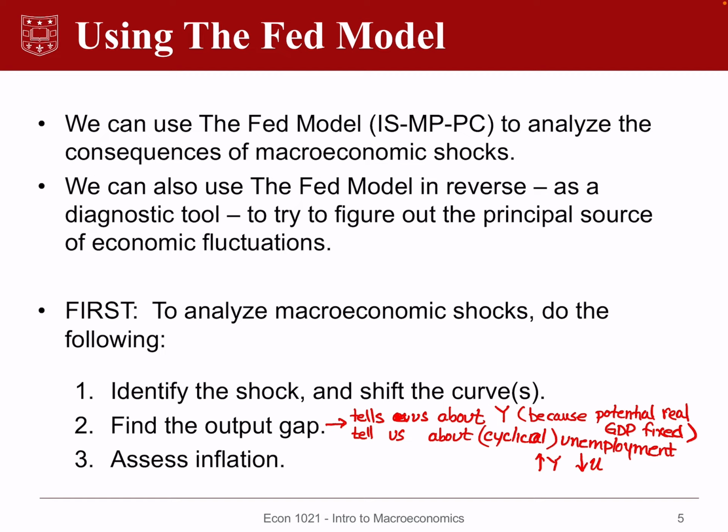As we produce more stuff, we need more people with which to undertake production, and unemployment goes down, and specifically cyclical unemployment is going to go down. And when real GDP is falling, then we would have the opposite, that the unemployment rate is rising.